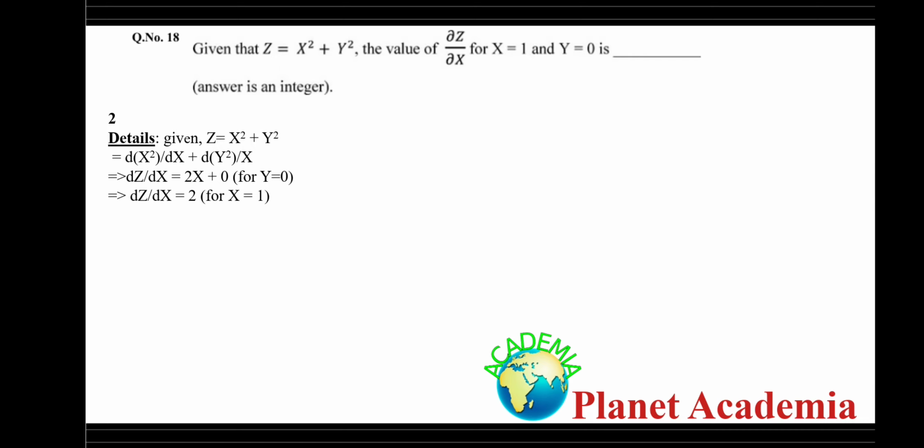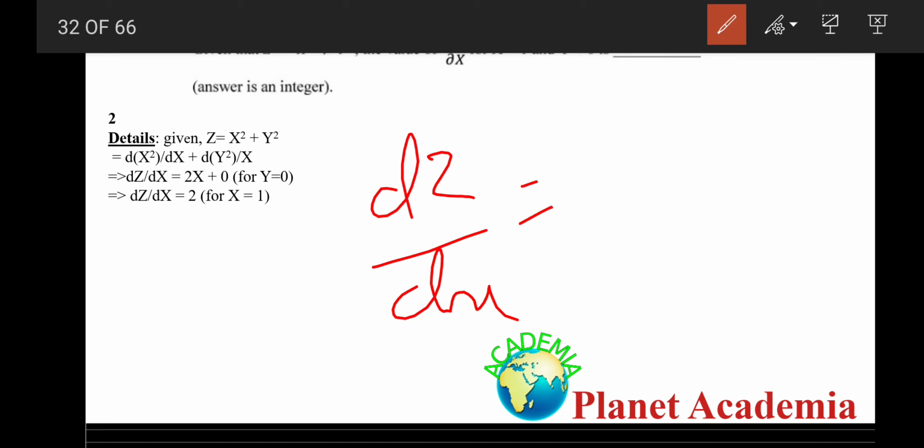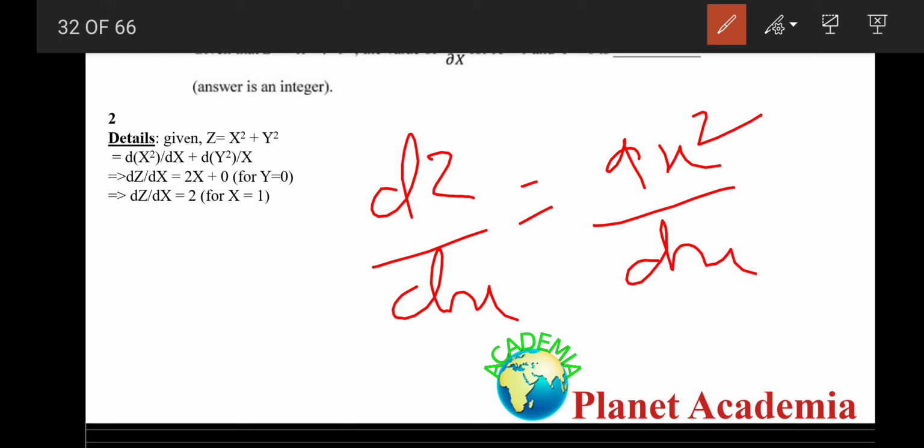So I need to find partial z by partial x when x equals 1 and y equals 0. First I need to find the differentiation. dz by dx equals d(x squared) by dx plus d(y squared) by dx.